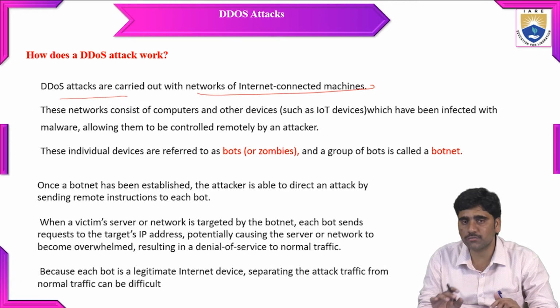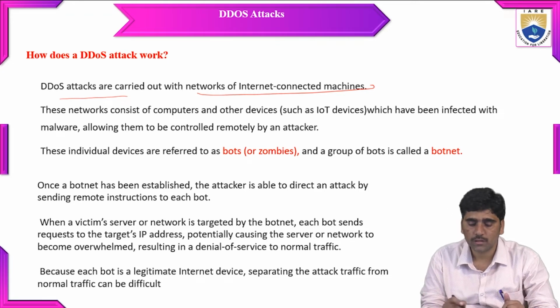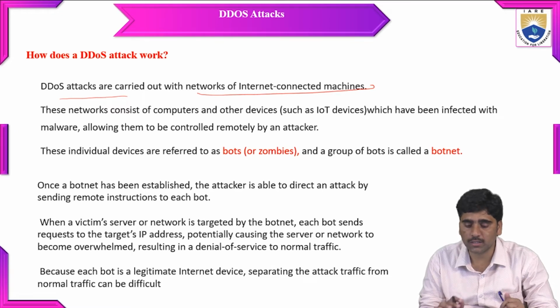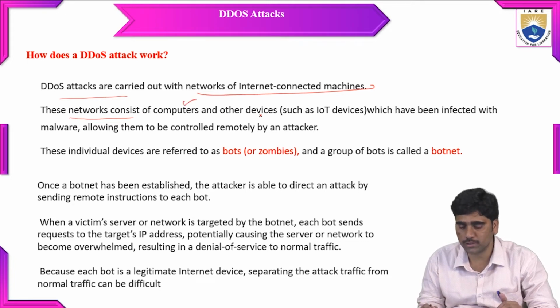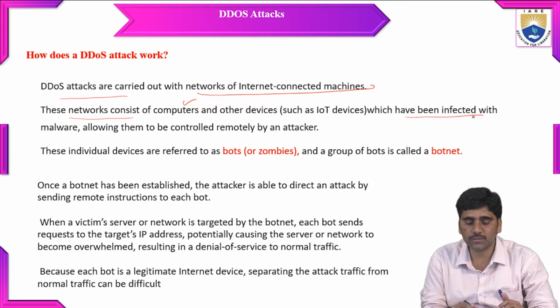All the systems are connected to the internet, and that network of internet-connected machines carries out the DDoS attack, because all the systems get compromised with the help of internet-connected mechanisms. These networks consist of computers and other devices such as IoT devices which have been infected with malware. We already said that the computers get compromised. That means they have been infected with malware, allowing them to be controlled remotely by an attacker.